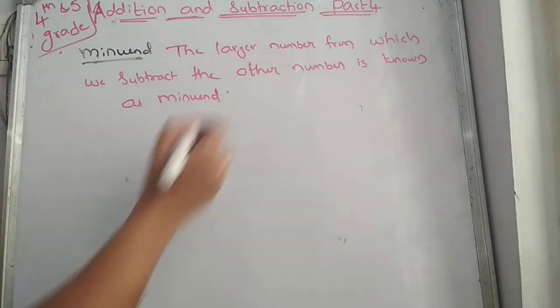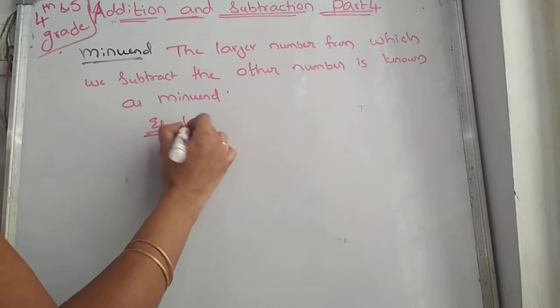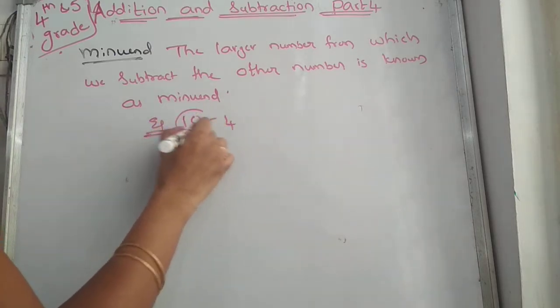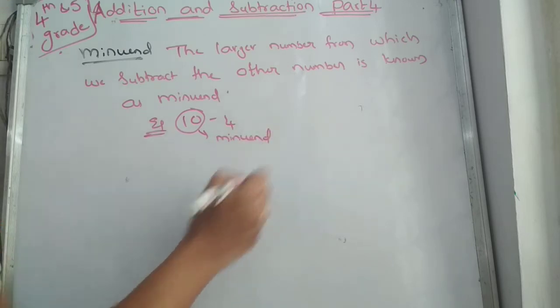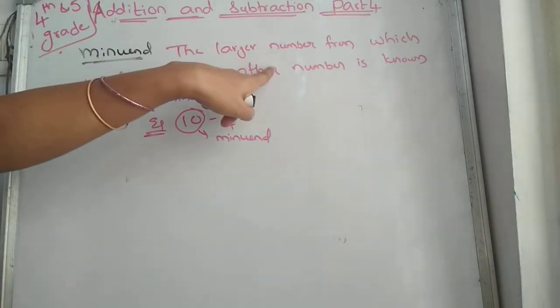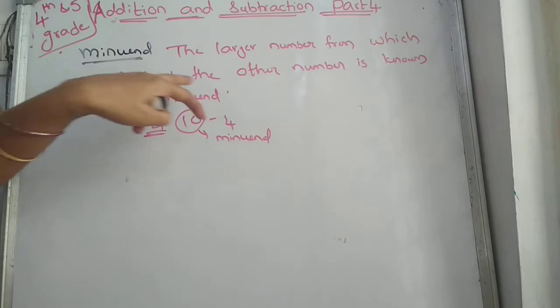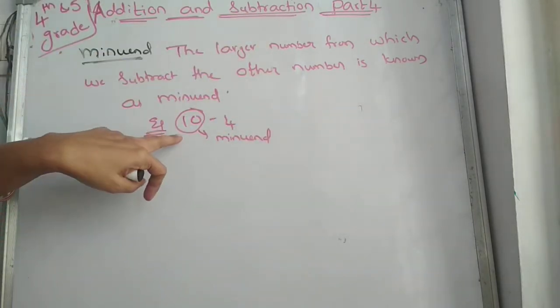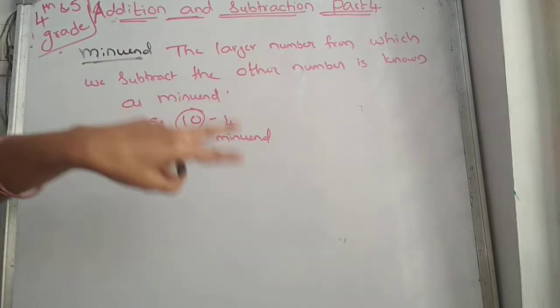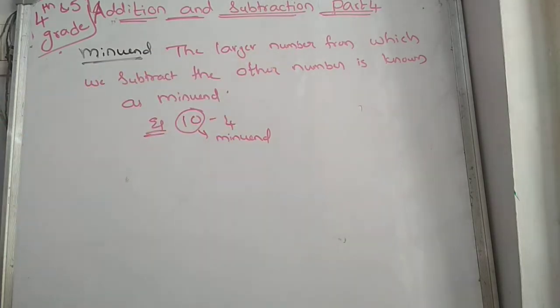For example, 10 minus 4. In this, 10 is the larger number, and this is called minuend. The larger number from which we subtract the other number is called minuend.